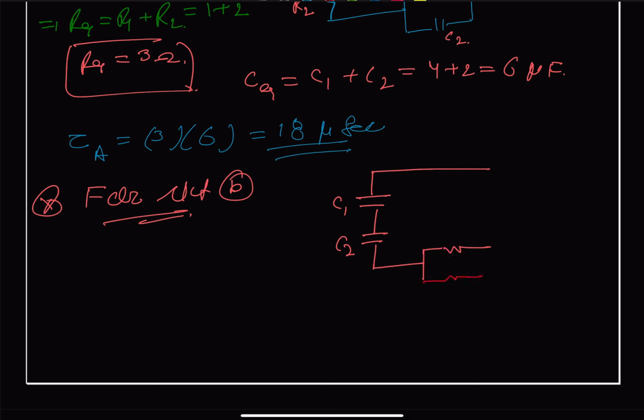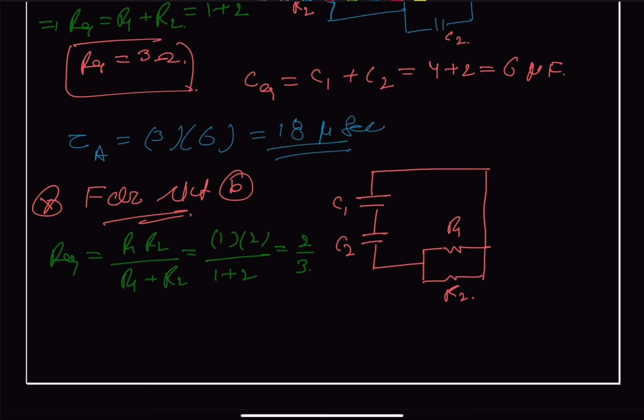and R1, R2 are in parallel. So our R equivalent will be equal to R1 R2 divided by R1 plus R2, which is 1 multiplied by 2 over 1 plus 2, giving us 2 by 3 ohm.